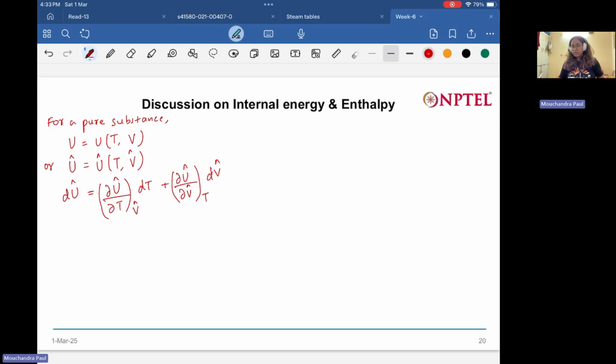Now this particular term is called specific heat capacity at constant volume, CV.